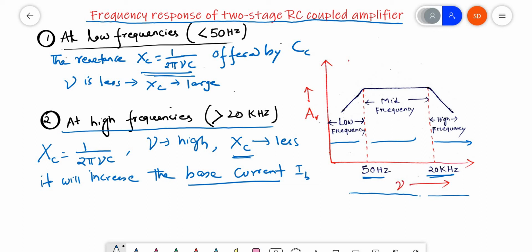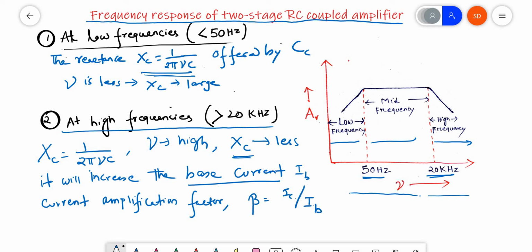So if the base current increases, what will happen? Beta, that is current amplification factor, will reduce. You know, the current amplification factor is given by beta, where beta is equal to IC by IB. So if base current increases, beta will reduce.